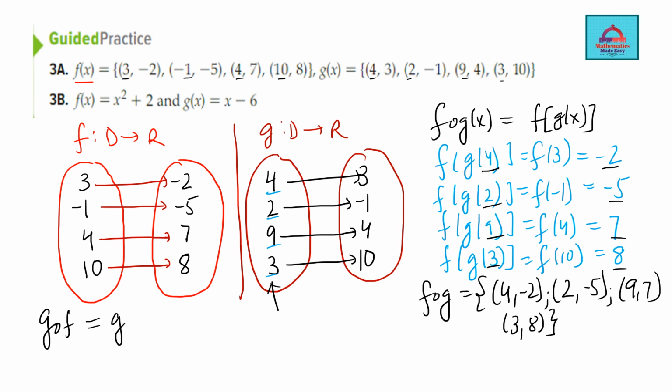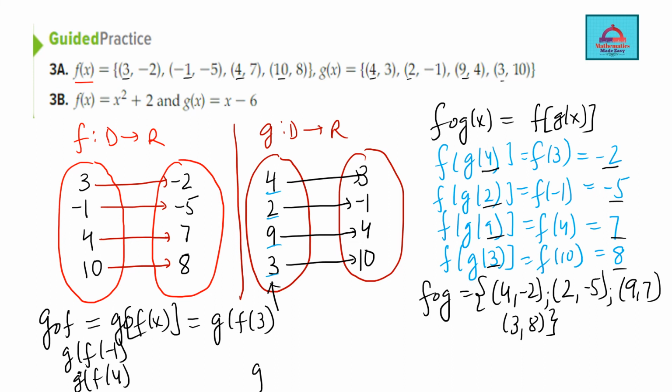For g of f, we have to find g o f of x. So f of x will be substituted, meaning 3, -1, 4 and 10: g of f of 3, g of f of -1, g of f of 4 and g of f of 10.